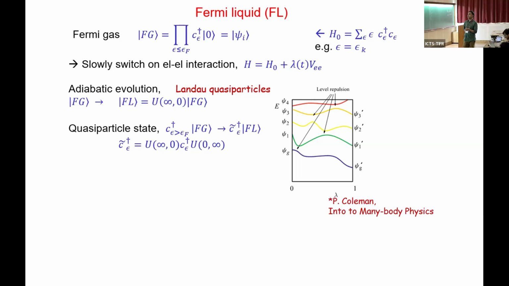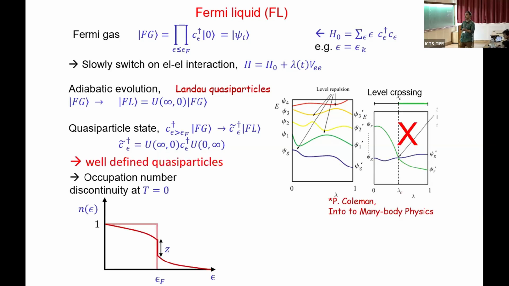And then if you look at a quasi-particle state, the original non-interacting electrons will be dressed, and it will give you a quasi-particle. It will still have a discontinuity of the occupation at the Fermi surface, which tells you that there is a well-defined Fermi surface and it's a well-defined Fermi liquid.